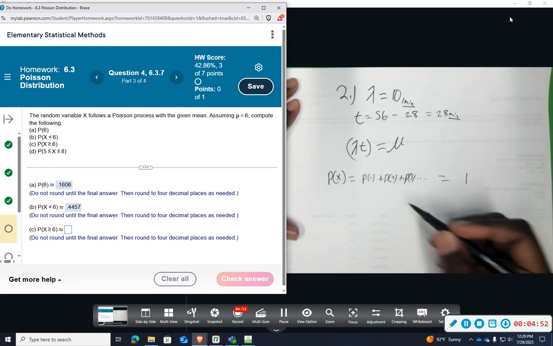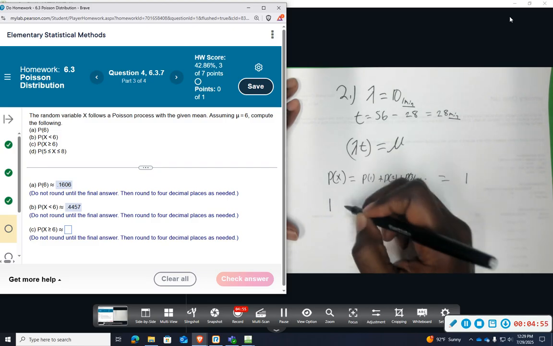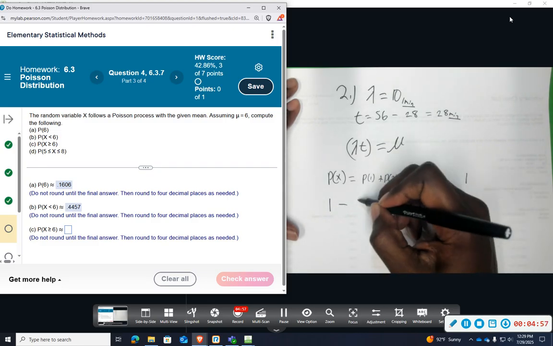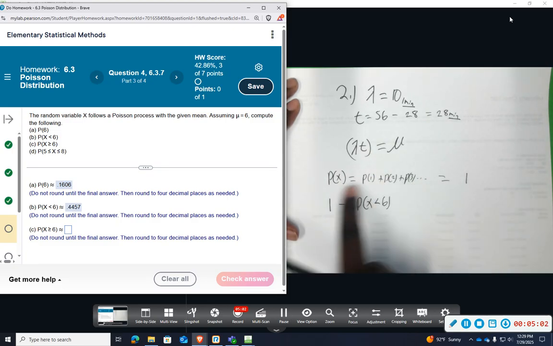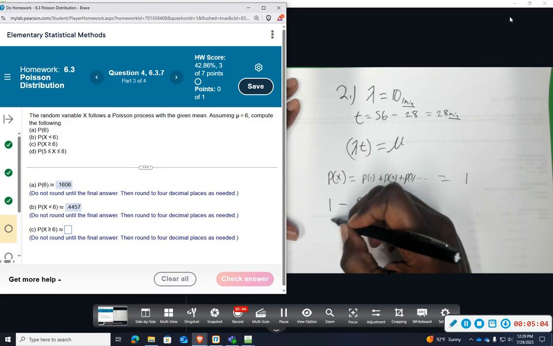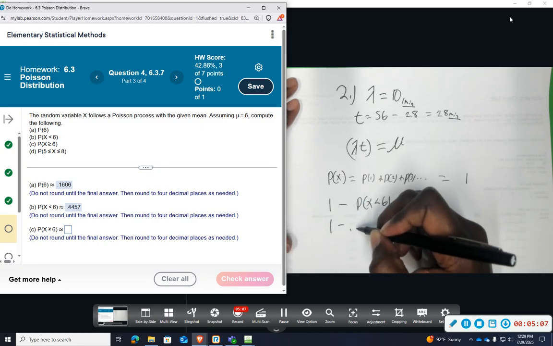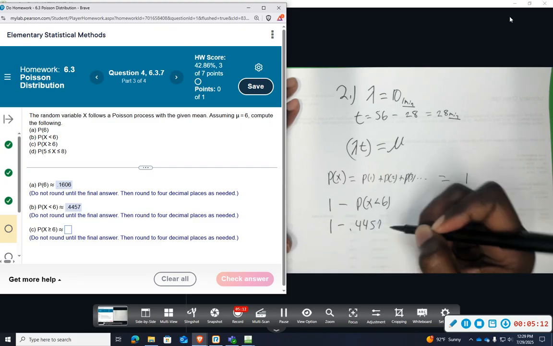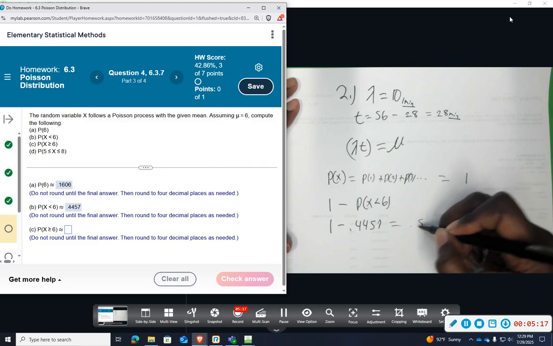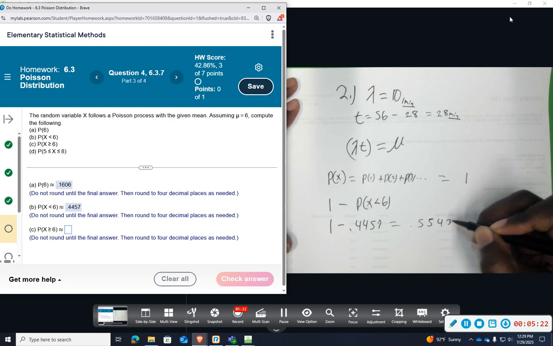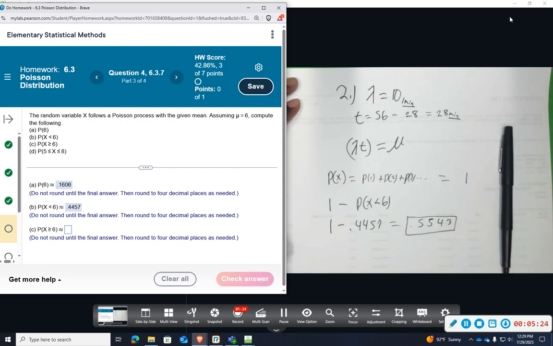Well, if you subtract those parts, if you take 1, the total probability, and subtract everything less, so when we said probability that x is less than 6, that was 5, 4, 3, 2, 1, we got 1 minus 0.4457. So if you do 1 minus 0.4457, that will give you 0.5543. And that's the same answer that we should be getting here.